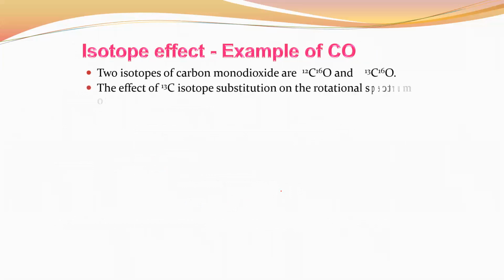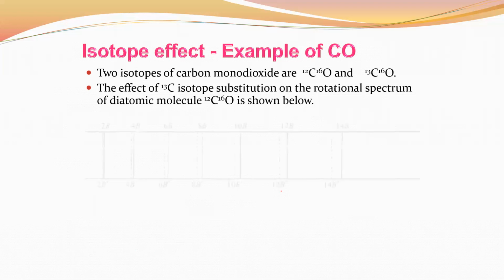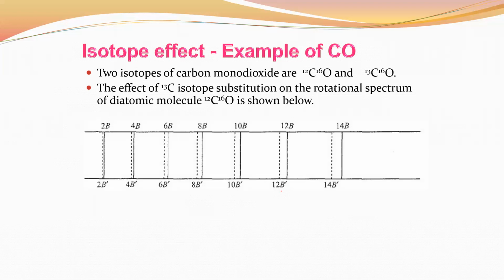Let us check the example of carbon monoxide. Consider the two isotopes of carbon monoxide, carbon 12 and carbon 13. The effect of carbon 13 isotope substitution on the rotational spectrum of the diatomic molecule carbon 12 is shown below.